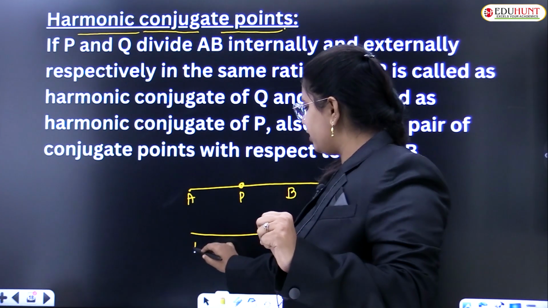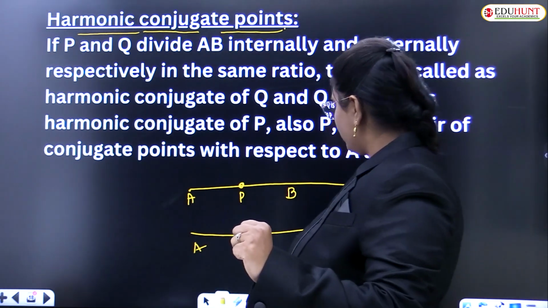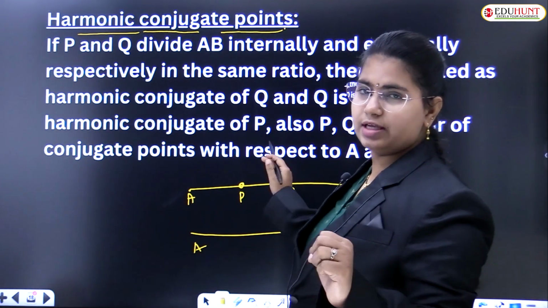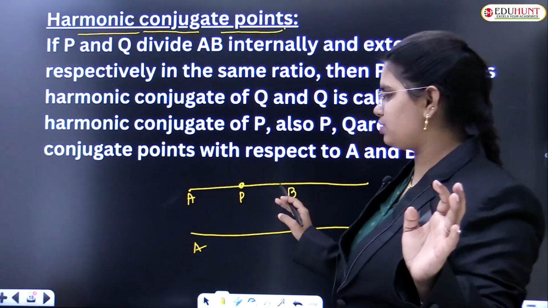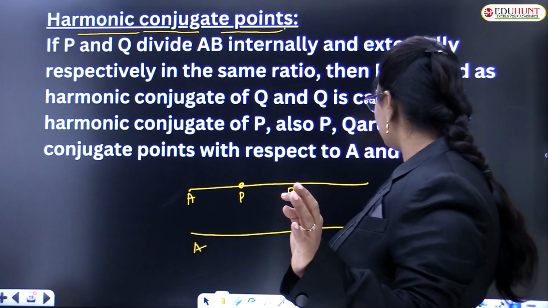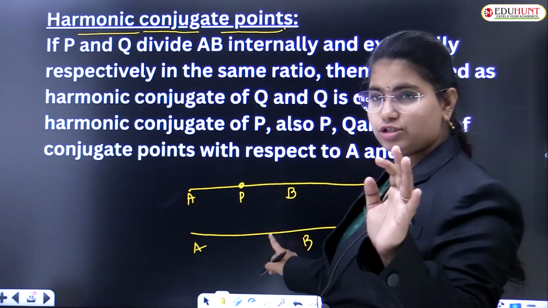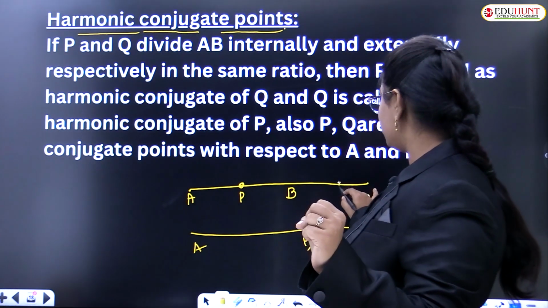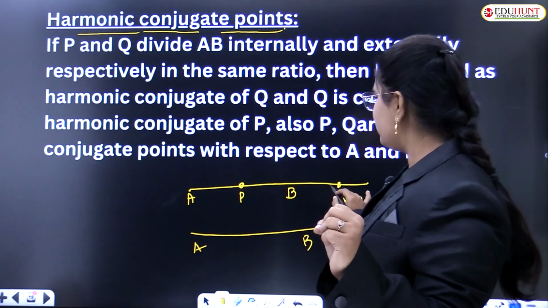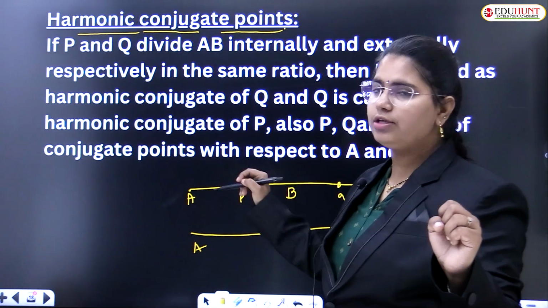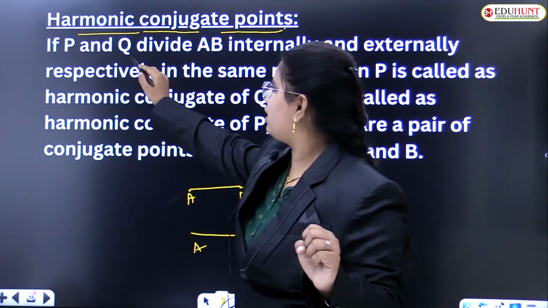Similarly, I'm visualizing the same line segment AB in two different parts. Q is being divided externally. These both lie on the same line. Q is externally divided, P is internally divided.